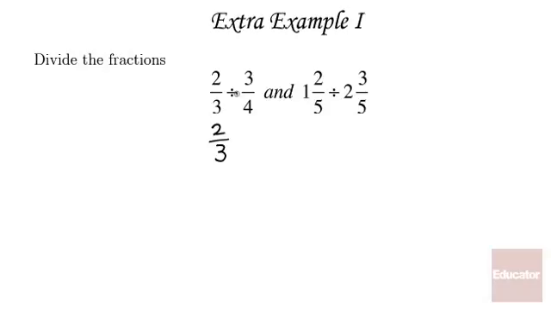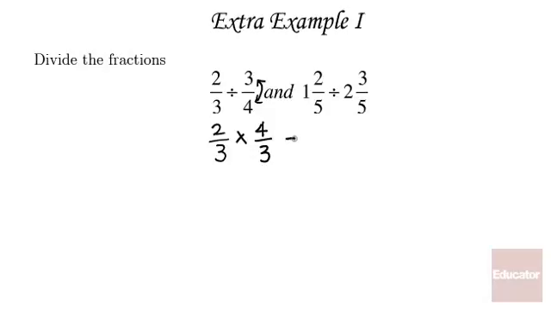Now I'm going to switch this sign to a multiplication sign because I'm going to take this fraction right here. My 4, my denominator becomes my numerator, and my numerator becomes my denominator. Don't forget, if you flip the first fraction, you're going to get it wrong. Make sure it's not the first fraction, it's the second fraction that you flip.